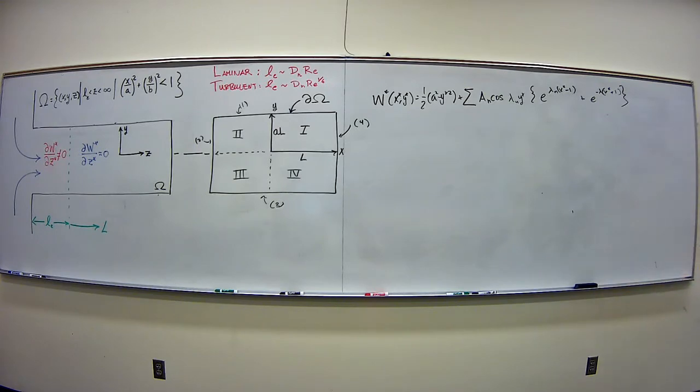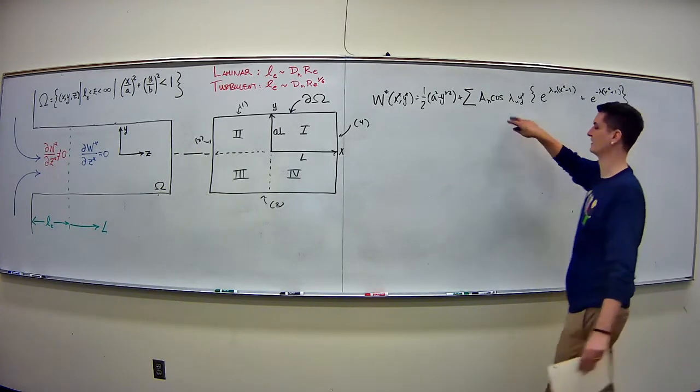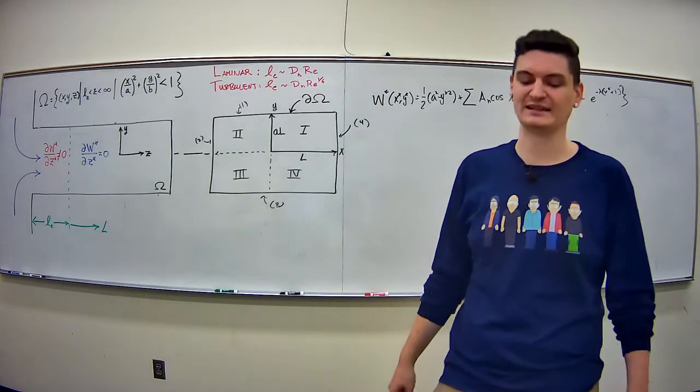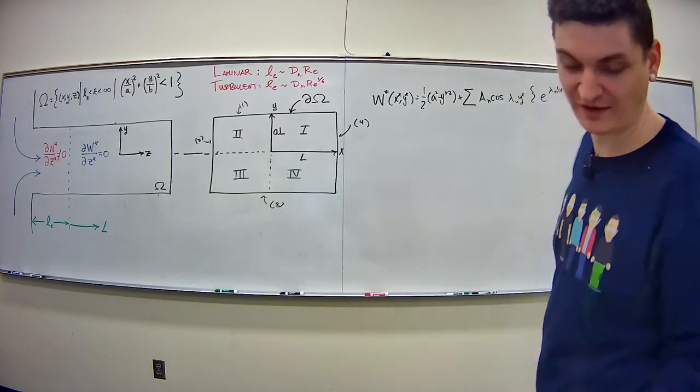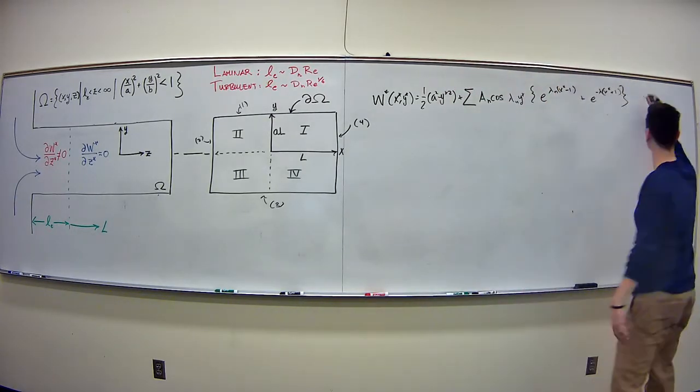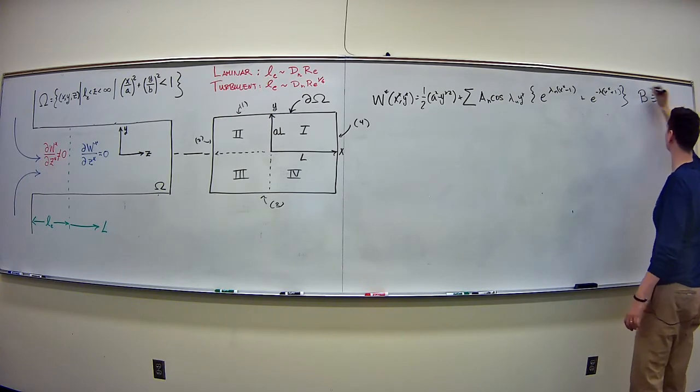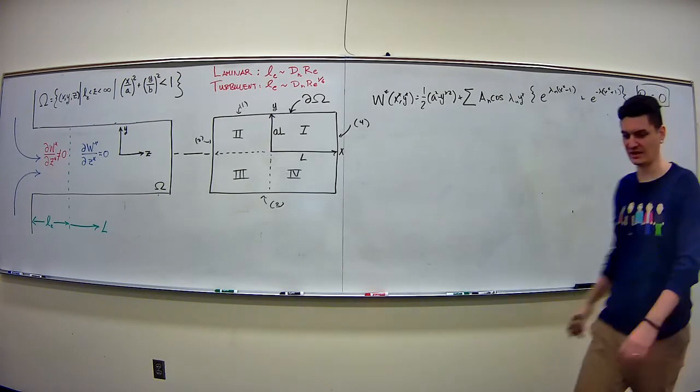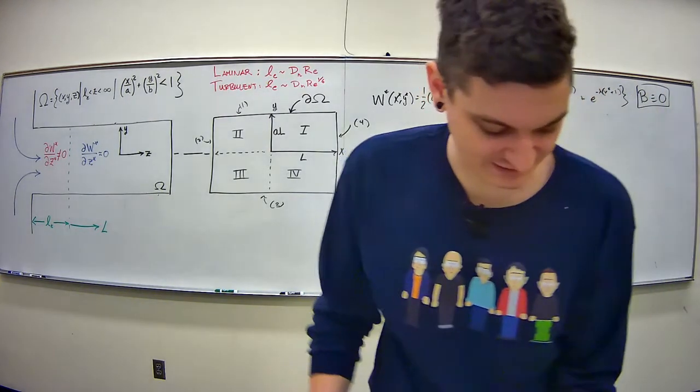Okay. And this is just from solving, right? You get these A's and the B's and the C's and the D's. One conclusion that you have is that B value equals 0. And that comes from one of the boundary conditions involving the sine.